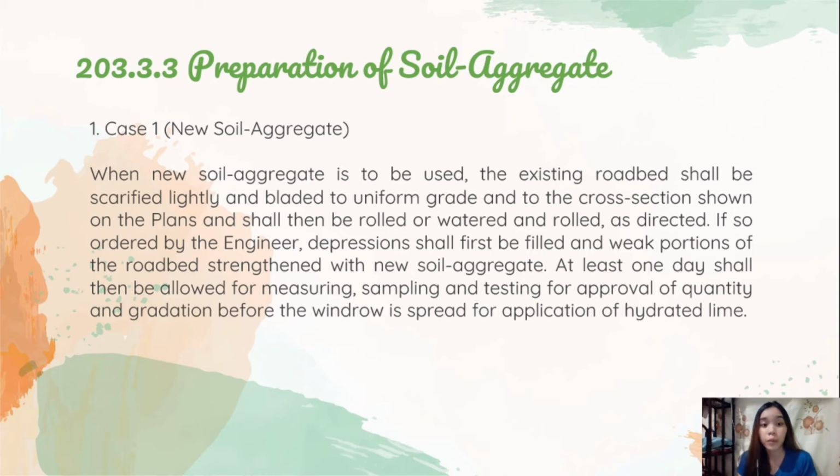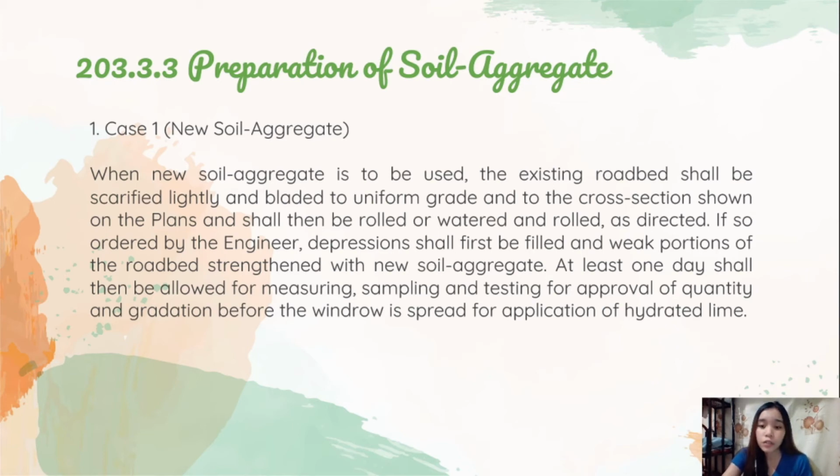If so ordered by the engineer, the pressure shall first be filled and weak portions of the roadbed strengthened with new soil aggregate. At least 1 day shall then be allowed for the measuring, sampling, and testing for approval of quantity and gradation before the windrow is spread for application of hydrated lime.